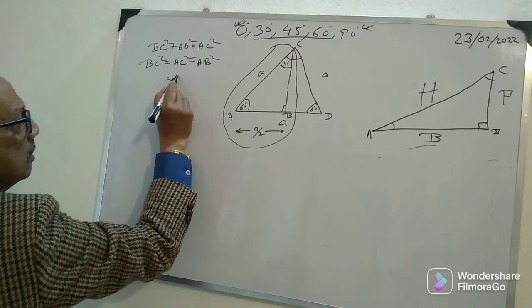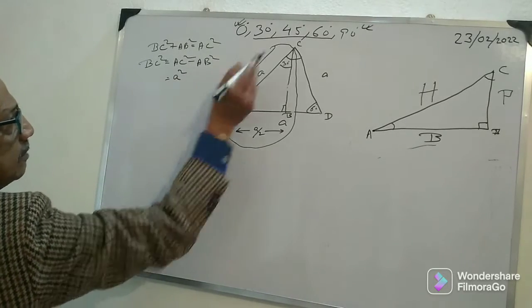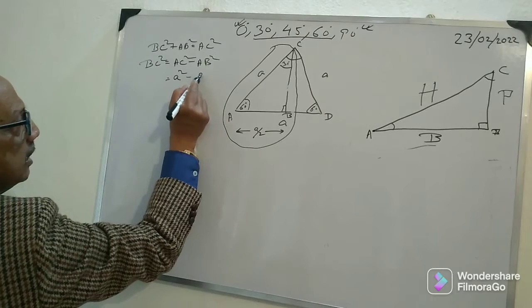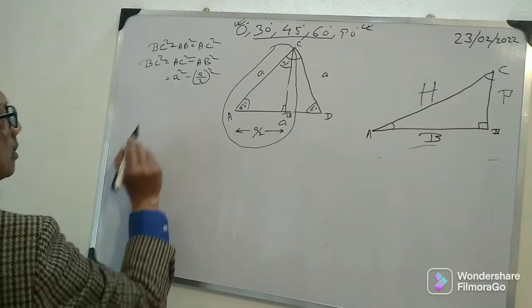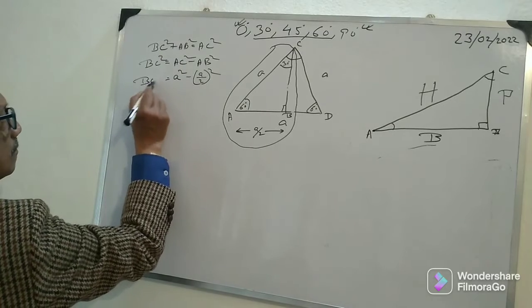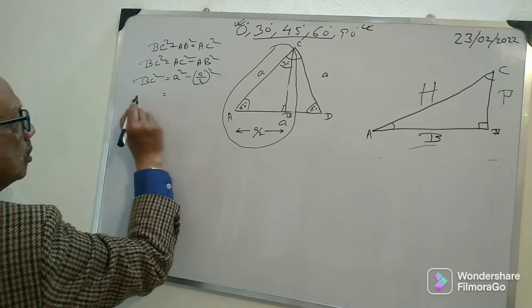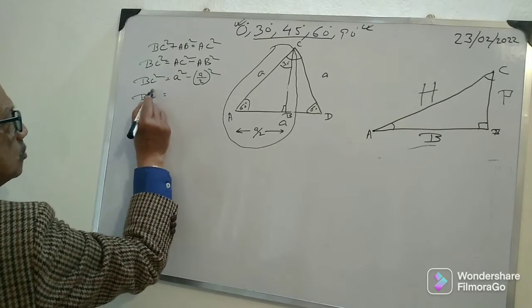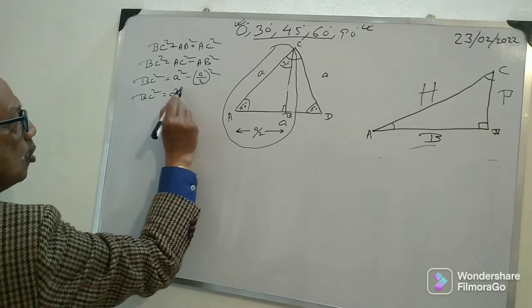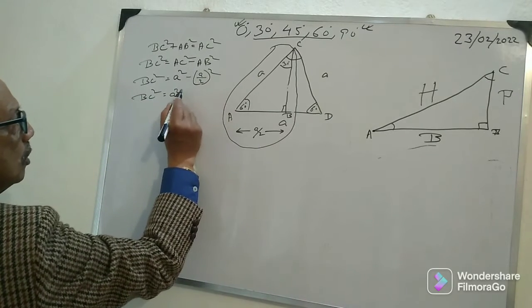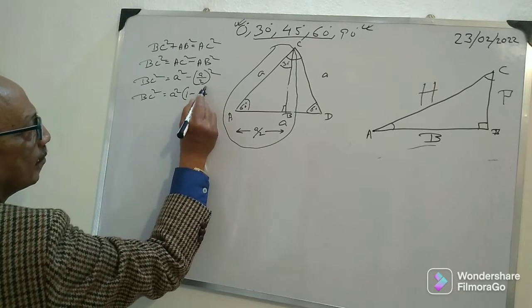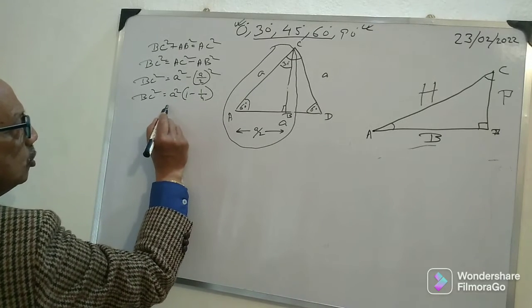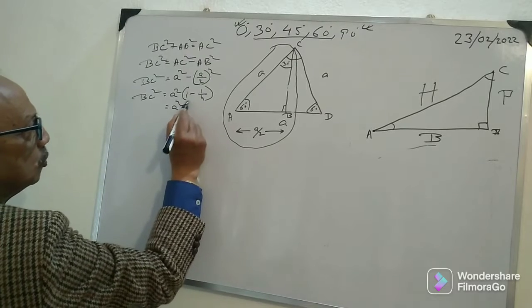That means BC square is equal to A square minus A by 2 whole square. Taking A square common, it is 1 minus 1 by 4, so it will be A square into 3 by 4.